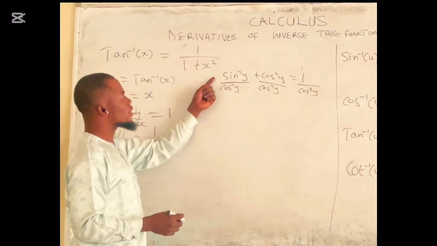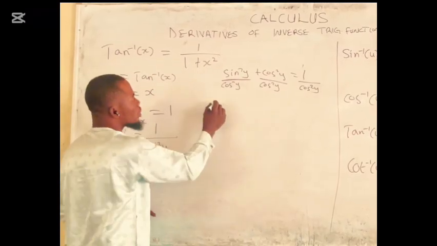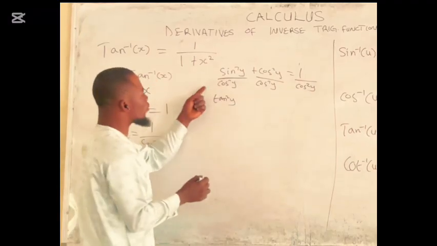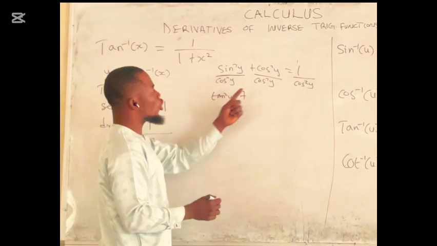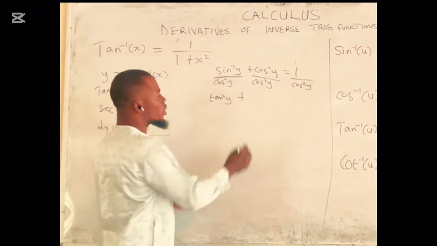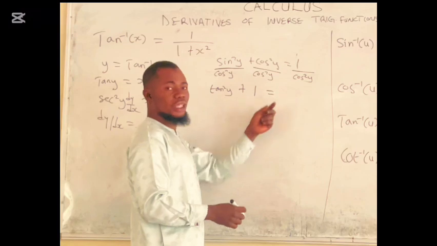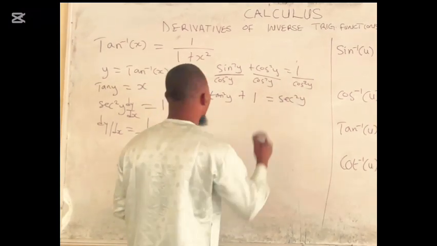And we know that sine squared y divided by cos squared y will give us tan squared y, because sine all over cos will give us tan. Then plus cos squared y divided by cos squared y will give us 1, which will now be equal to 1 divided by cos, which gives us sec. So we'll be having sec squared y.